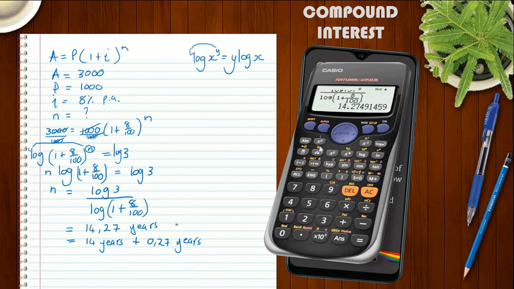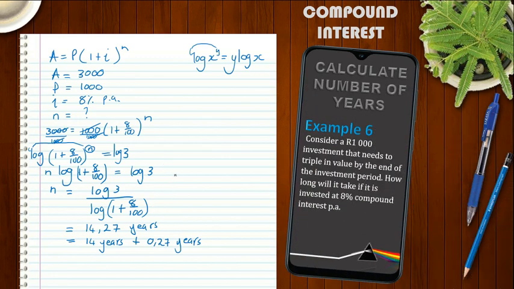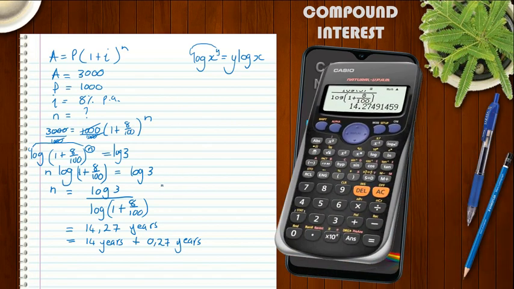So multiplying it by 12 would give you your answer in months. So doing that, we take our answer, subtract 14, and then multiply by 12. This gives us 3 months. Now remember, we need to round it up, so we're going to say 14 years and 4 months.